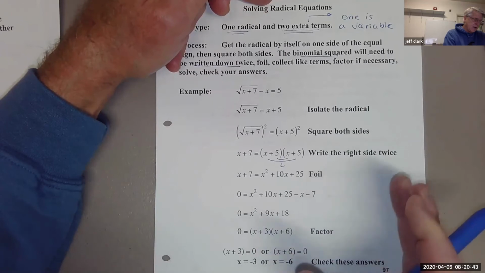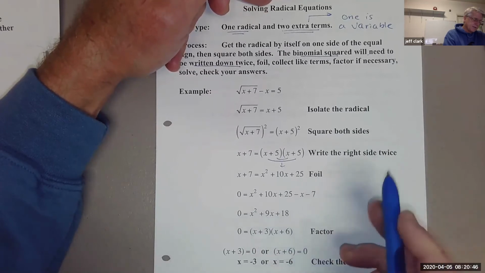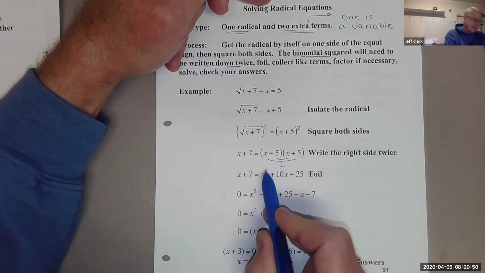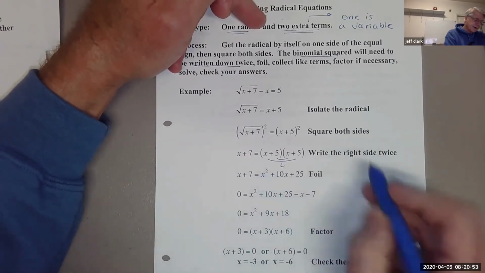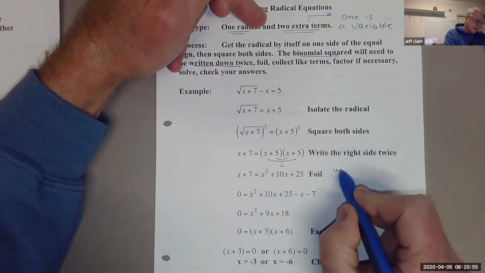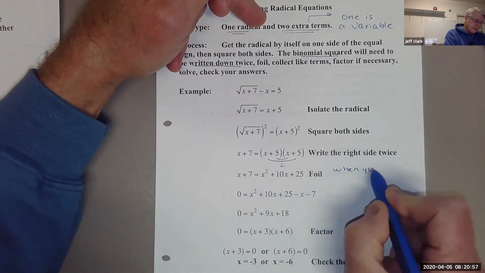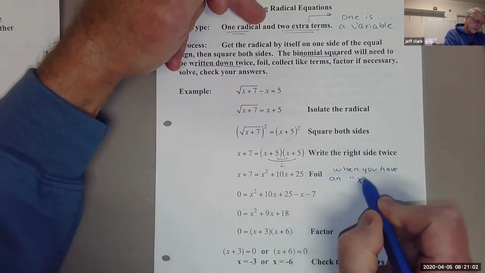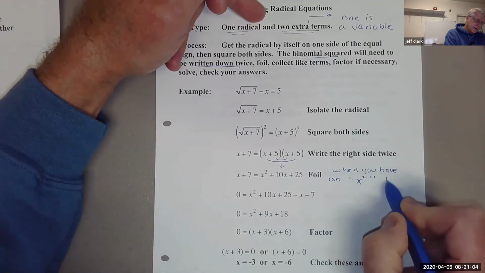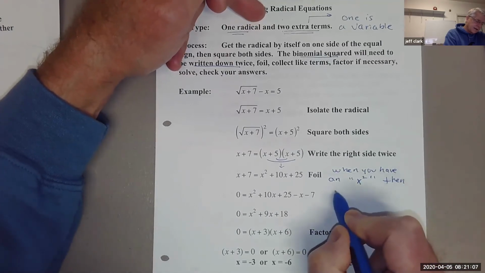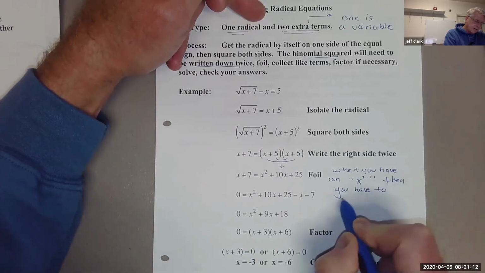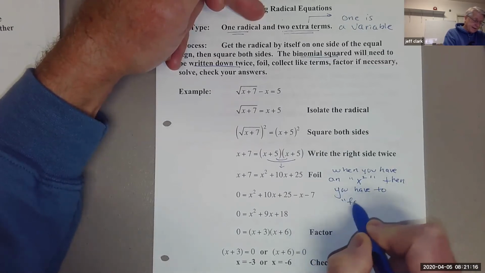And now what you're going to have to do is solve. This one's a little more challenging because I've got this x squared part. So the idea is when you have an x squared, you'll have to factor at some stage.